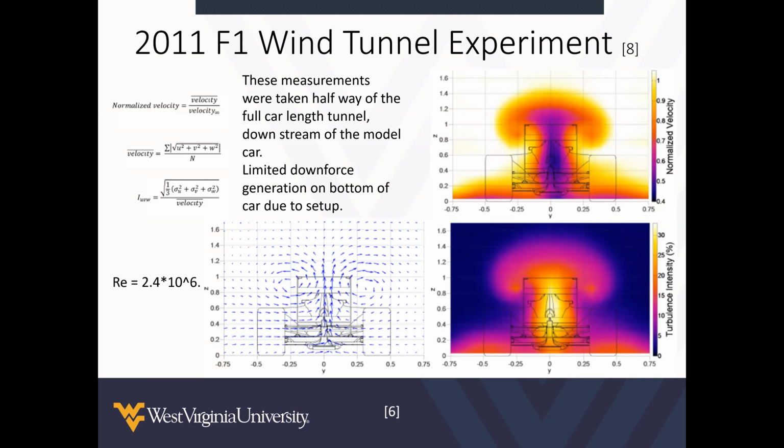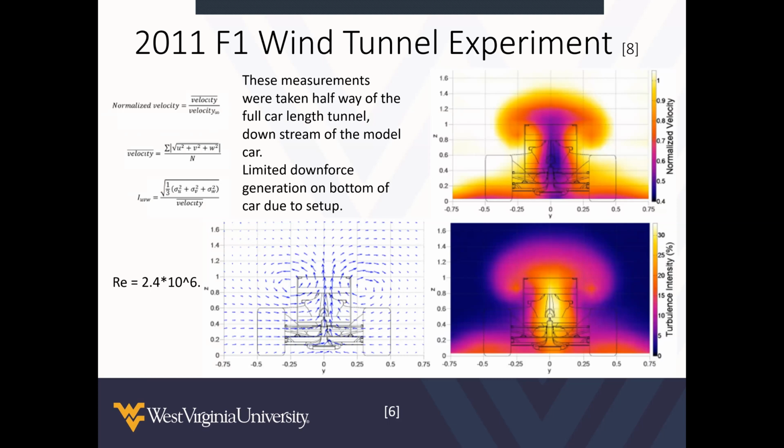And they were looking at the velocity measurements to determine how the velocity profiles are changing and the turbulence intensity. One of the limitations that this study had was that there's pretty much no downforce generation from the underside of the car, with how the model was set up.